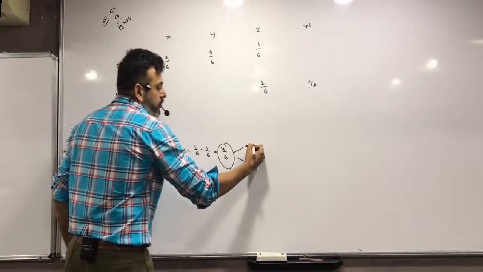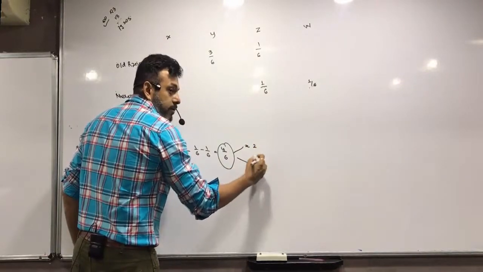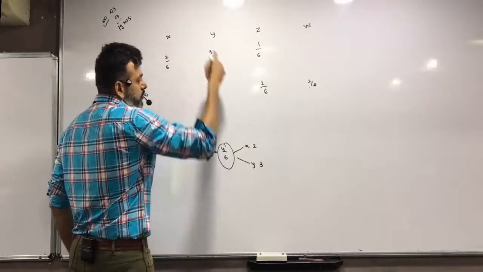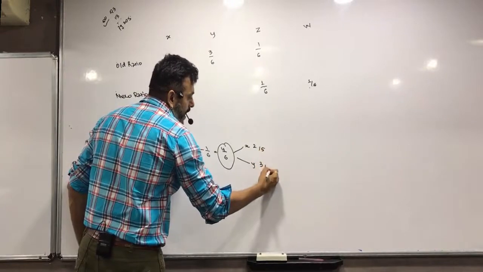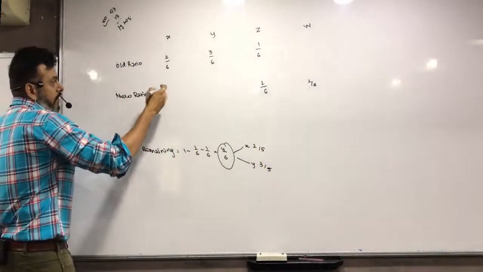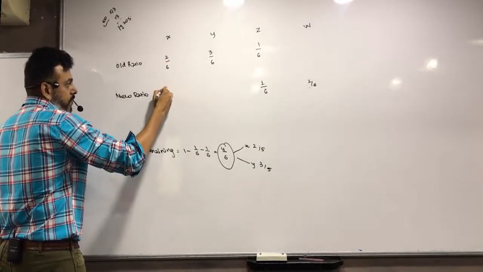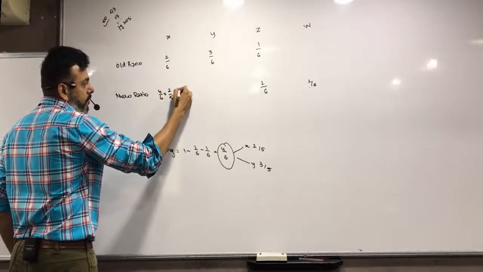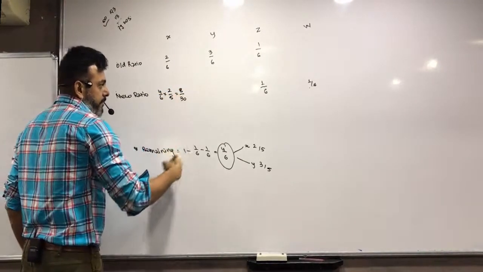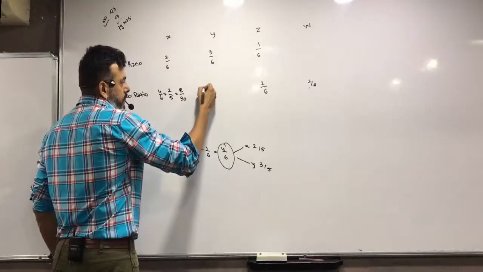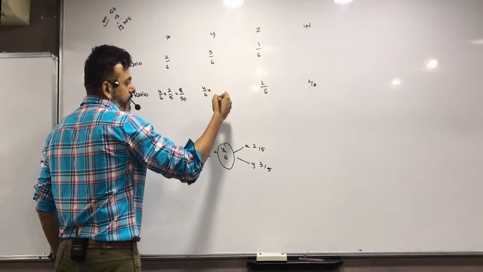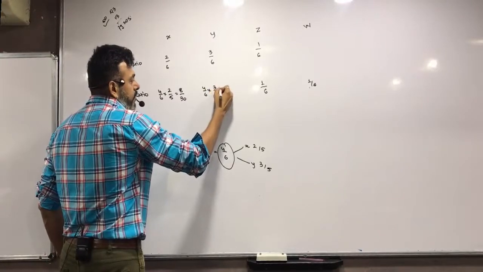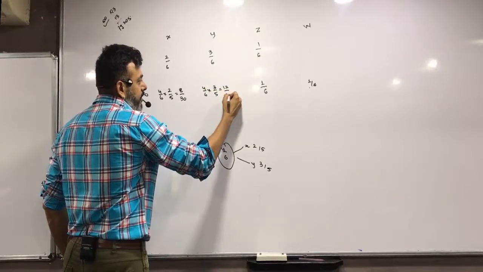In what ratio? 2:3. So 2/5 and 3/5. So new share of X is 4/6 into 2/5, which is equal to 8/30. Y is 4/6 into 3/5, which is equal to 12/30.